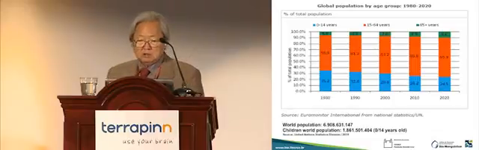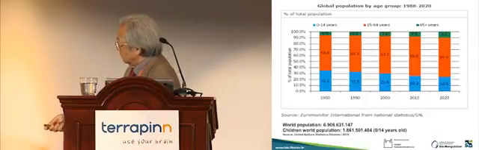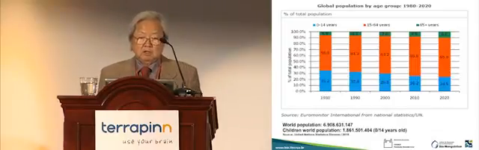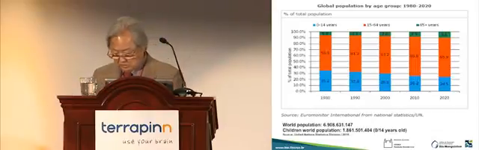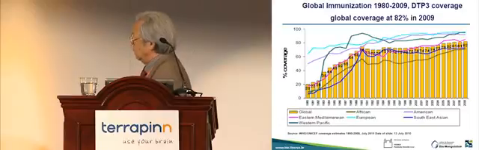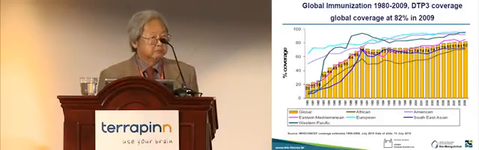And here you can see the trends of different age groups. There will be a smaller group of 0 to 14 year olds, and an increase in the aged population. And the group between 15 and 64 years of age will remain the same quantity.